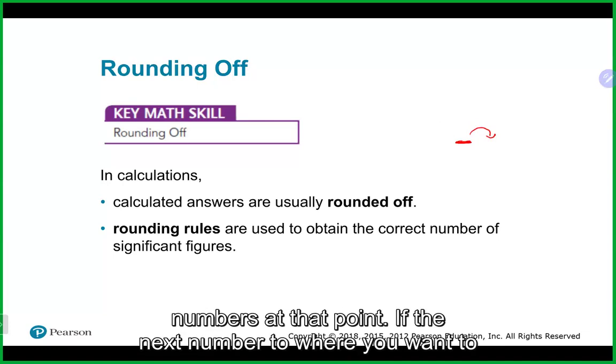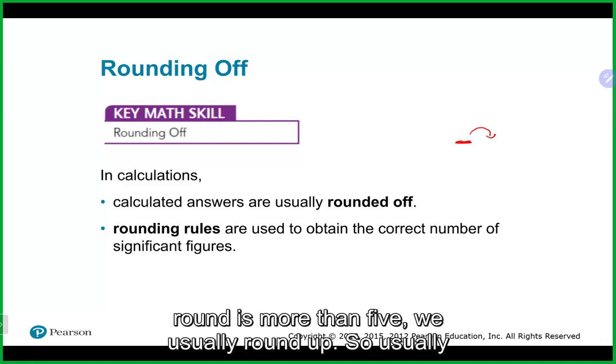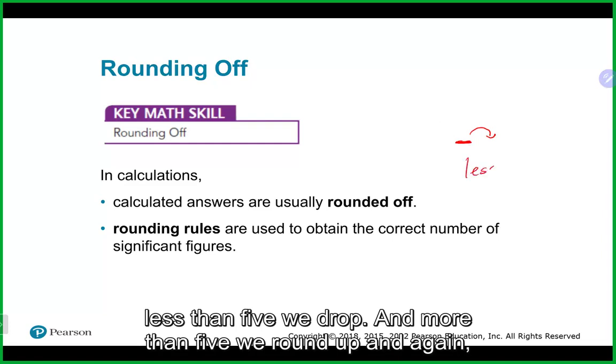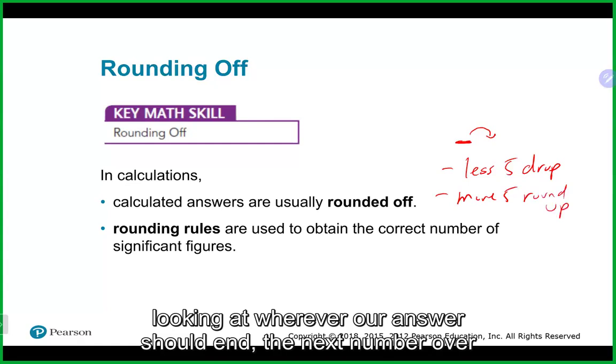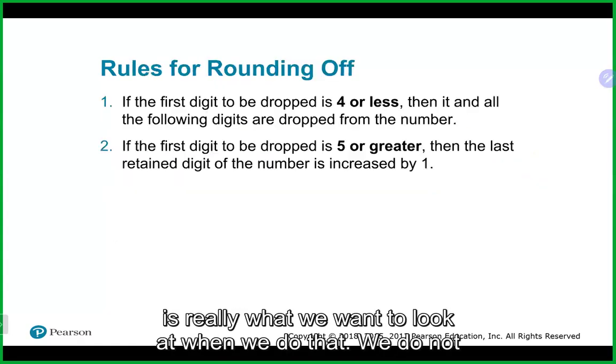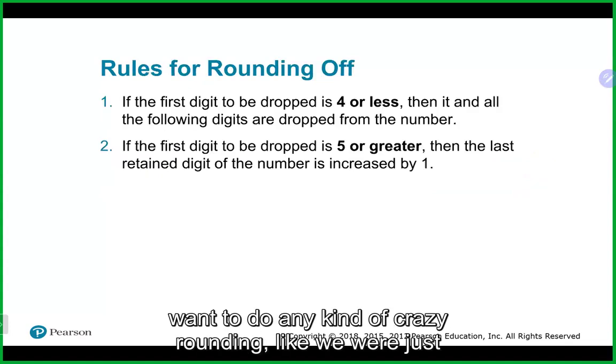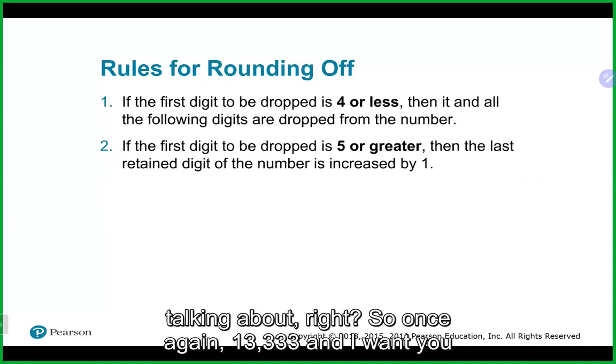If it's more than 5, we usually round up. So less than 5, we drop, and more than 5, we round up. Again, looking at wherever our answer should end, the next number over is really what we want to look at. We do not want to do any kind of crazy rounding like we were just talking about, right?